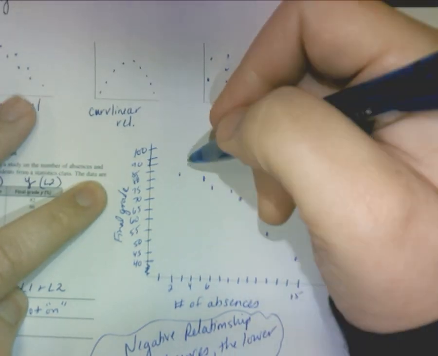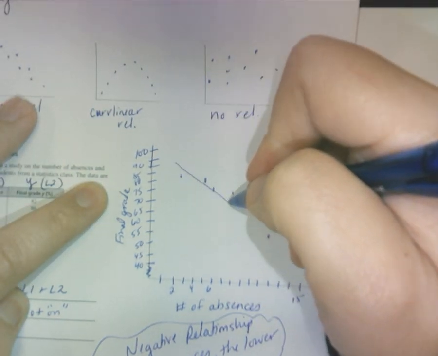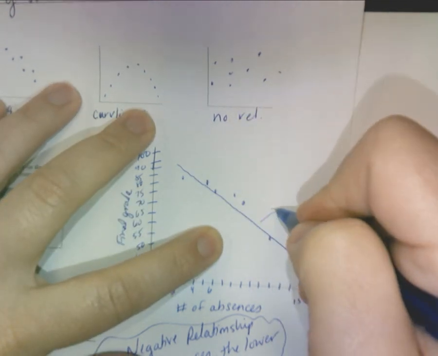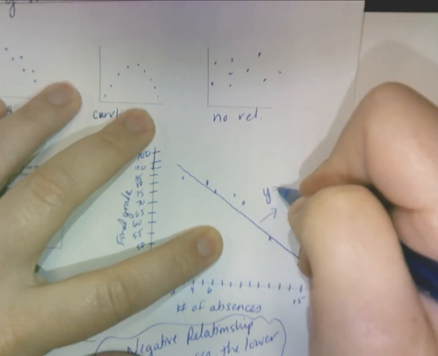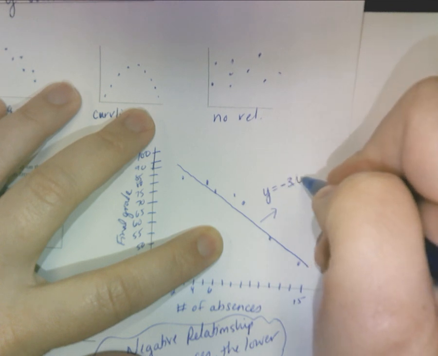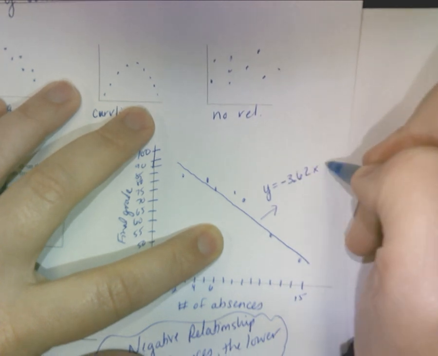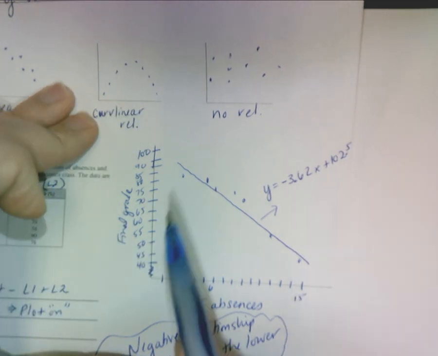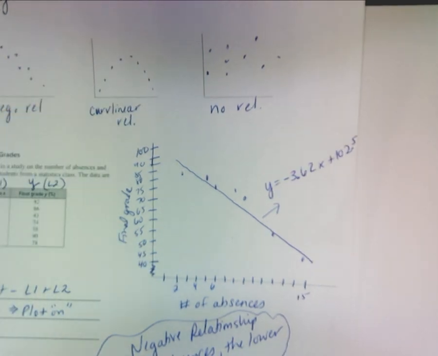So it kind of goes like this. And that right there is the regression equation, y equals negative 3.62x plus 102.5. Okay? So I'm going to need to see that also in your project, this regression equation.